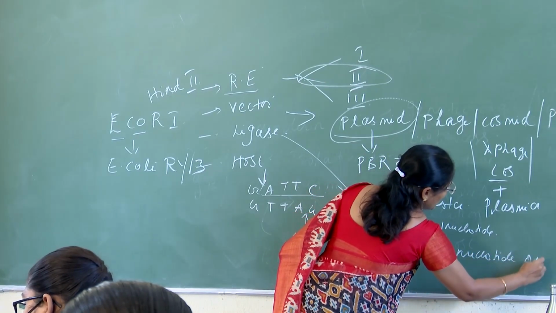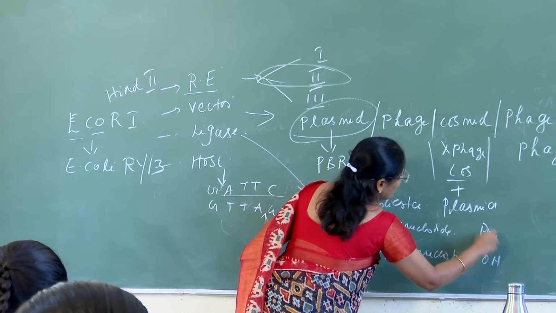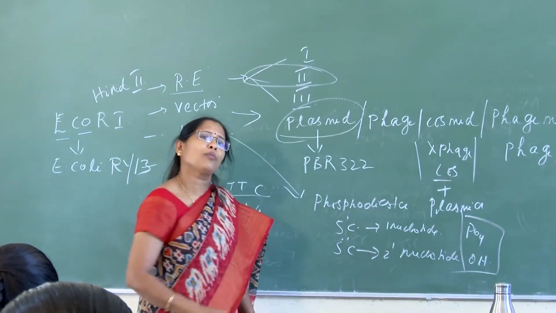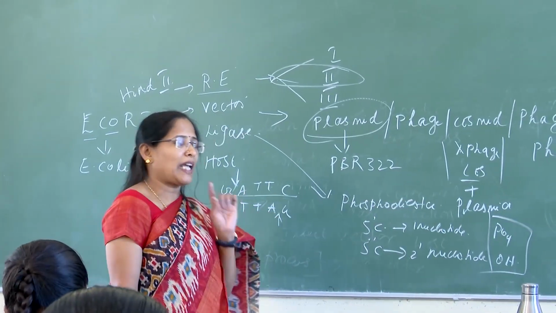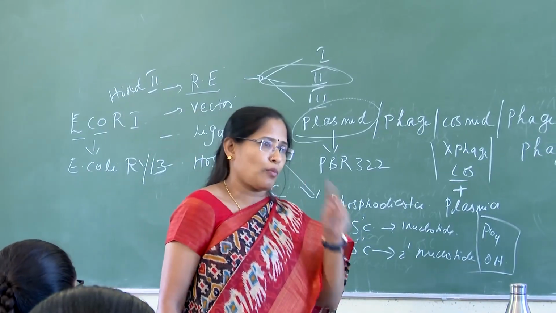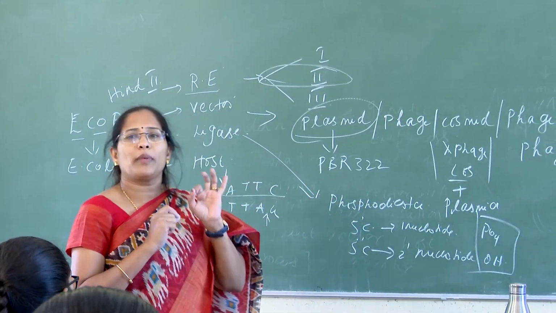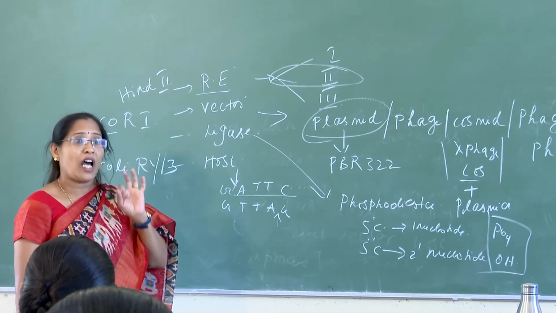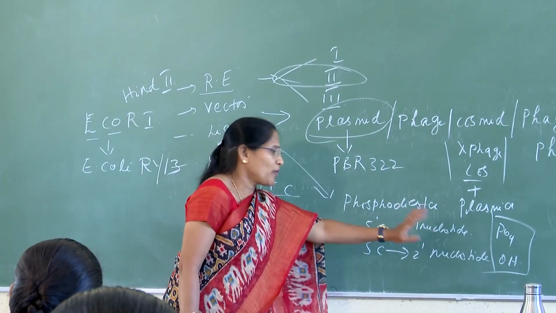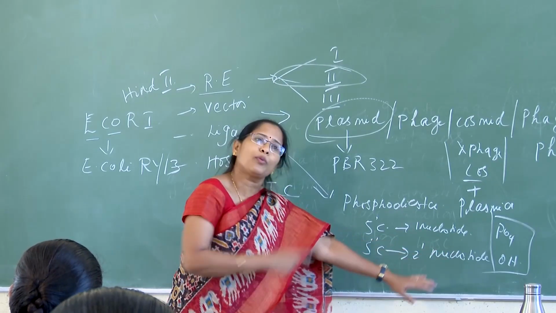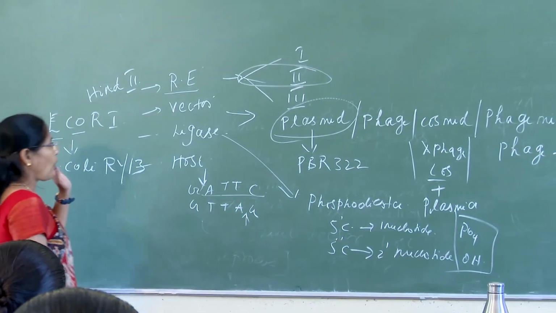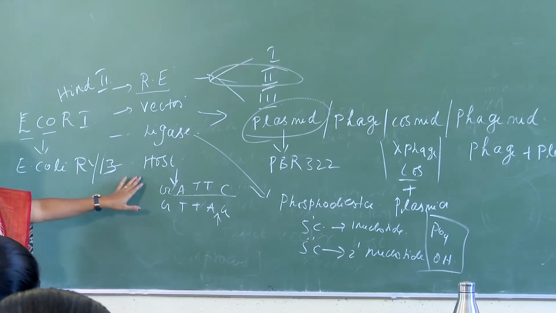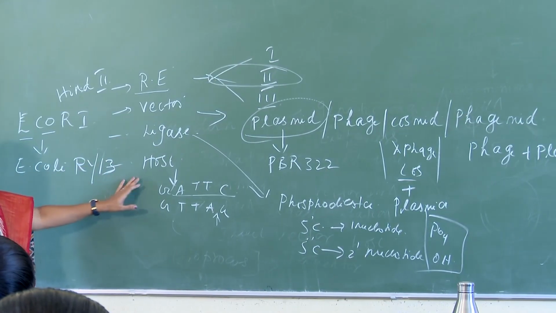So here you will have a hydroxyl group, here a phosphate group, and it will create a phosphodiester bond using that. So remember that ligase creates phosphodiester bonds. One end will have a phosphate group, the other end a hydroxyl group, and it will link them. Got it now? Understood?